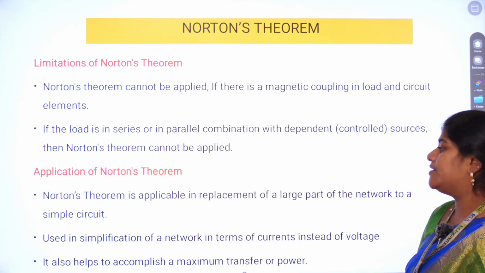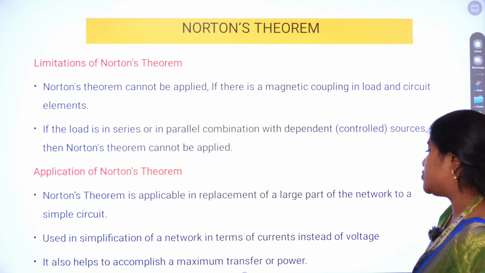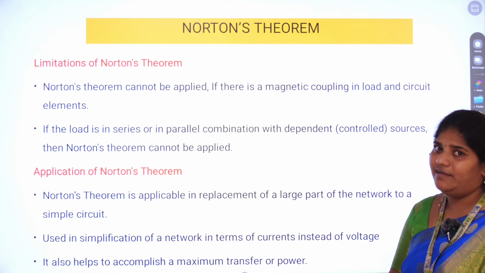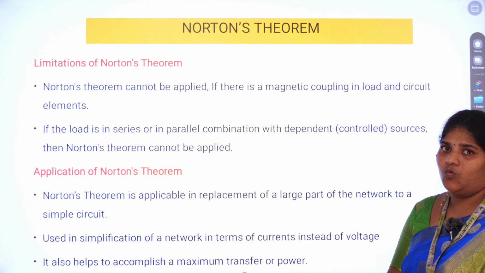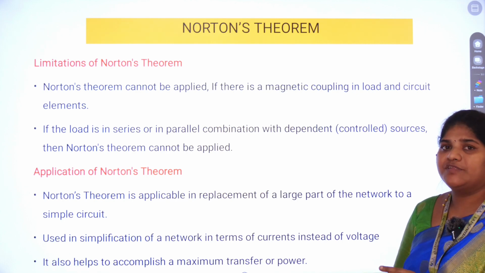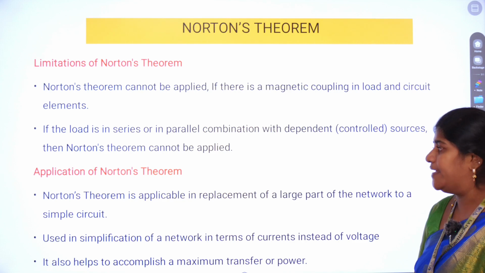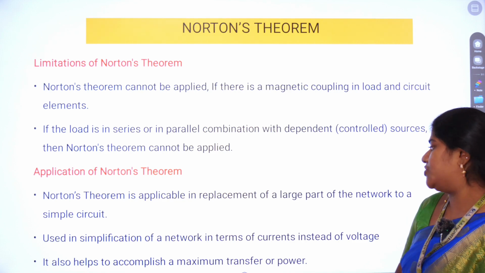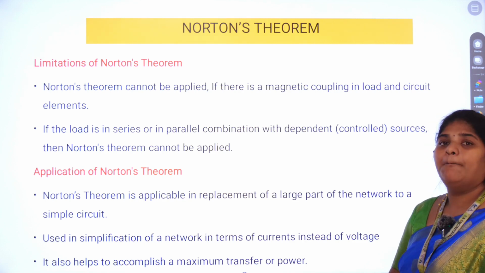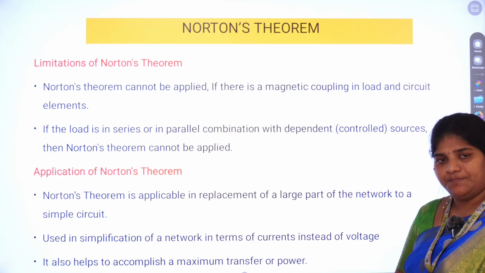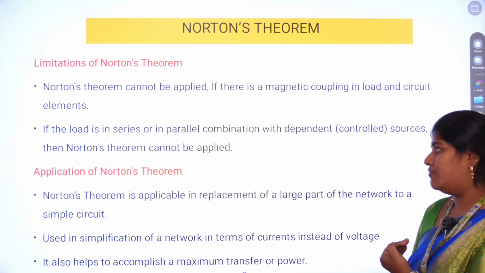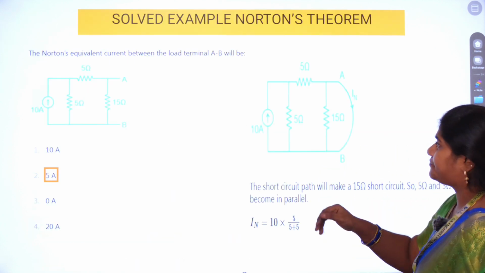Second, it is used in the simplification of a network in terms of current instead of voltage, so we give more preference to current rather than voltages. And third, it also helps to accomplish maximum transfer of power.